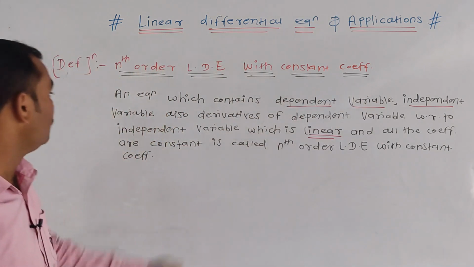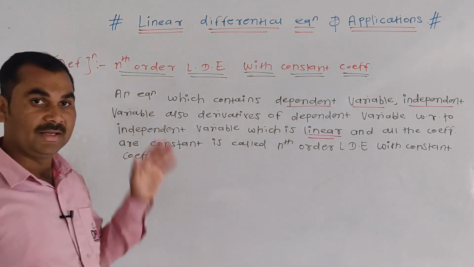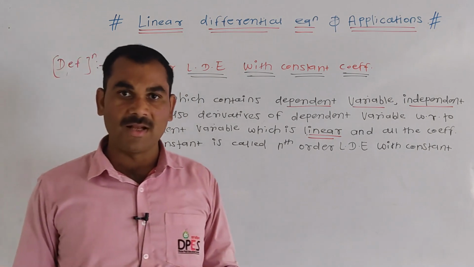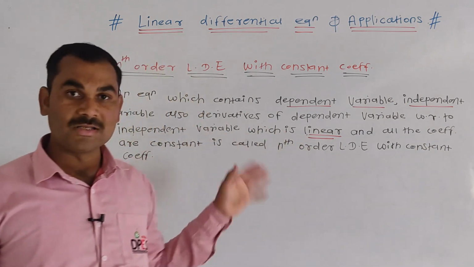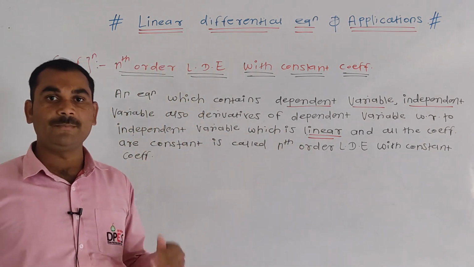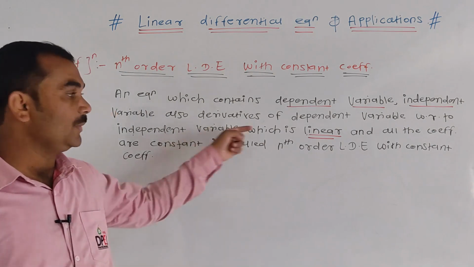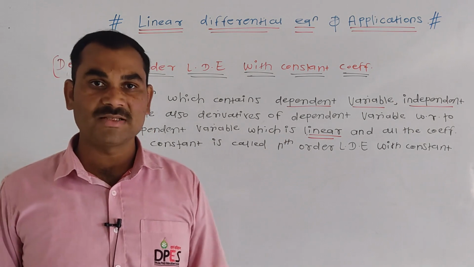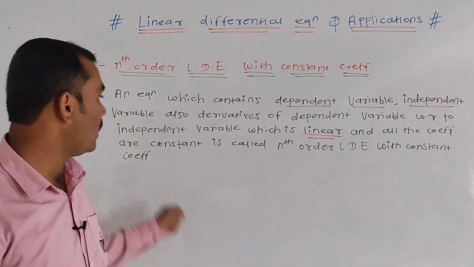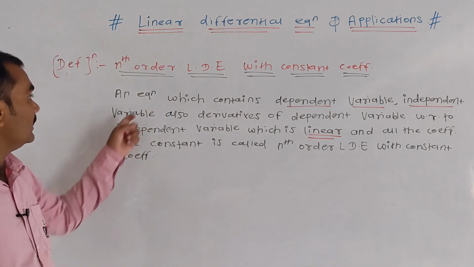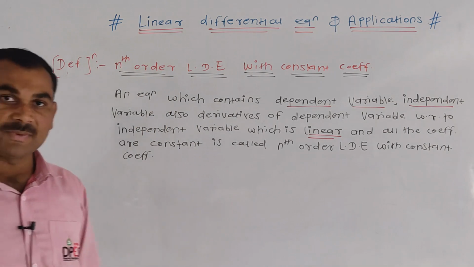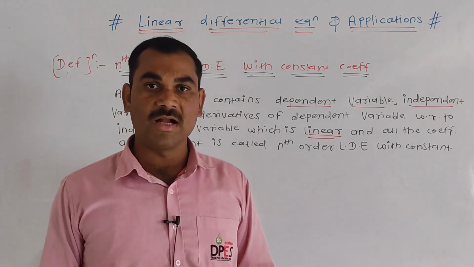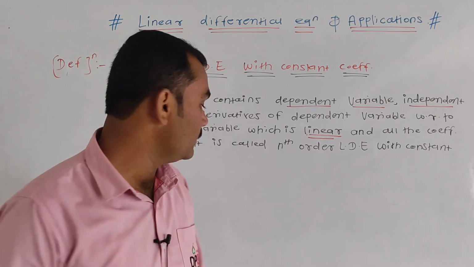An equation which contains dependent variable, independent variable, also derivatives of dependent variable with respect to independent variable, which is linear and all the coefficients are constant is called the nth order linear differentiable equation with constant coefficients. Okay, this is your definition.